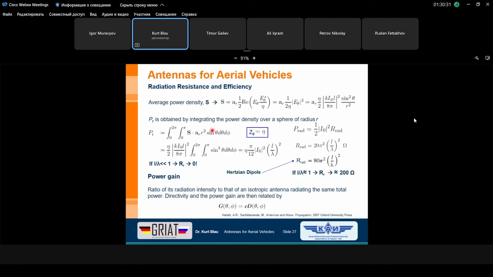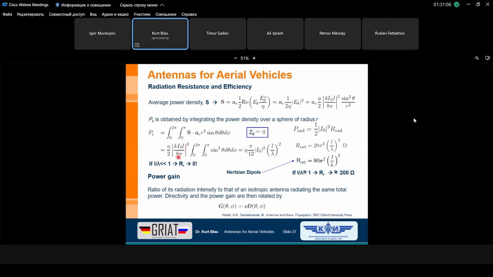If we carry out the integration, this is the formula. We insert the values here that we developed with our Hertzian dipole. You can see here the wave impedance divided by 2, then also this k. k is 2 pi divided by lambda, multiplied by the current at the origin multiplied by the length of the dipole. The dipole is very small, but it's not 0.